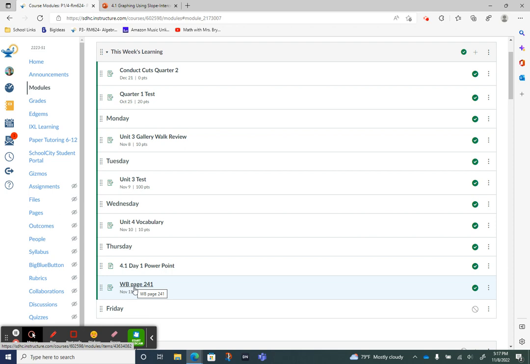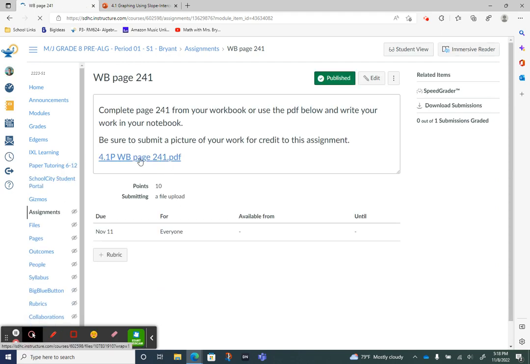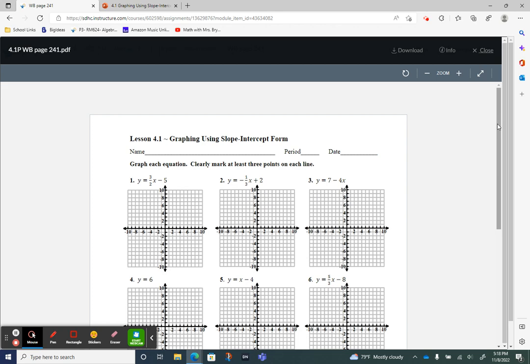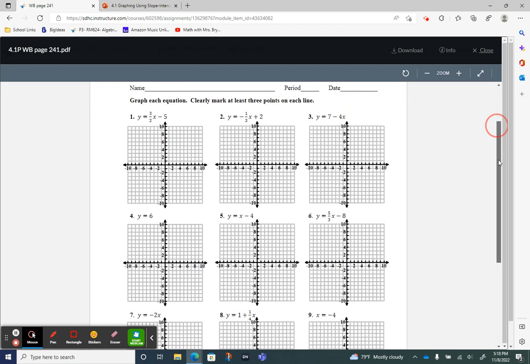You can work in your small groups, but make sure you are staying in your new assigned seats. If for some reason you cannot find your workbook, click on that and you will see that the PDF is right here. You can click right there and it will open it for you. You can do that work in your notebook.